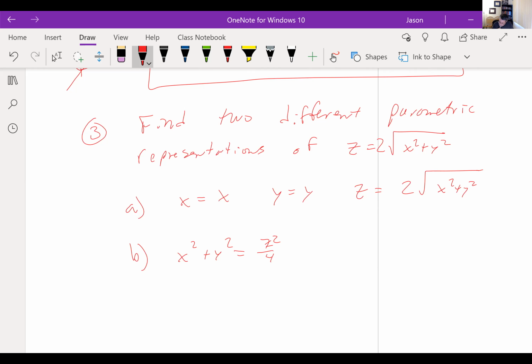Remember, this is phi, and this thing is theta. Okay, and we know that phi goes from 0 to pi, and theta goes from 0 to 2 pi.